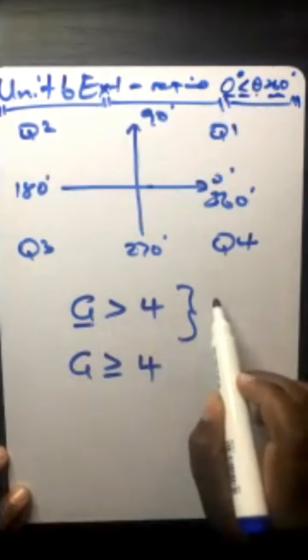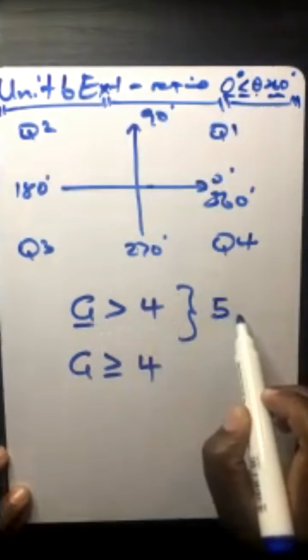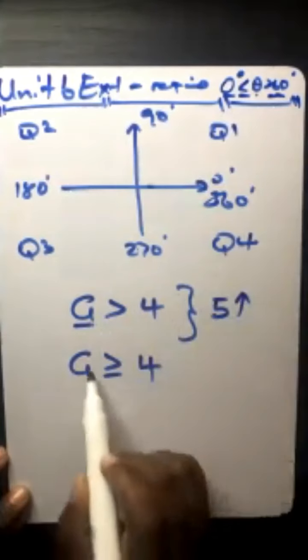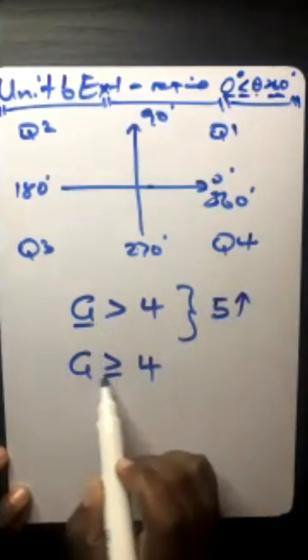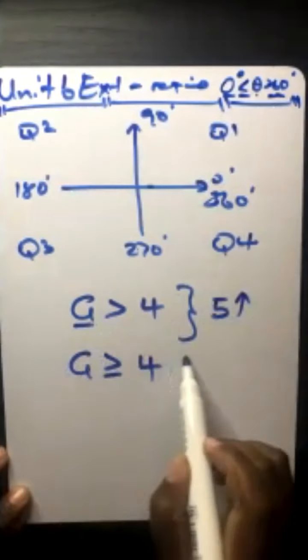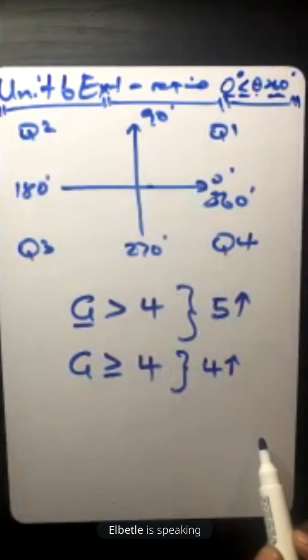That means they are starting from 5 upwards. But if we say girls are greater than or equal to 4, then they could be 4 going up. I'm not sure if it now makes sense, Albie. So it says G is greater than 4, it's not G is less than 4.